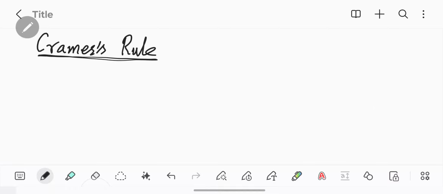So once you know about the inverse of A by using the adjoint method, then you can explain what is Cramer's rule.